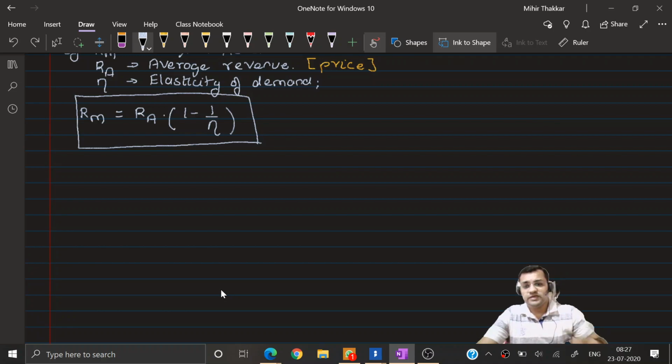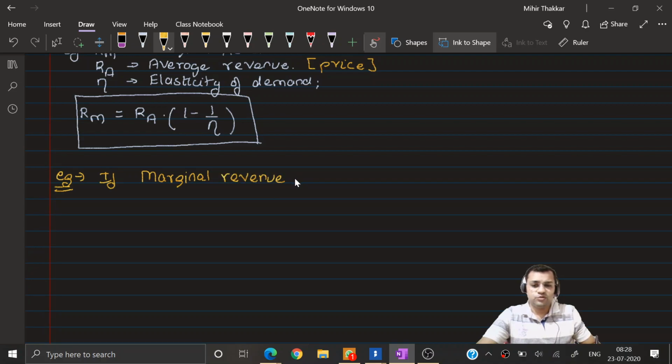Suppose I consider a very easy question. Suppose marginal revenue is given to be, let us say, 25, and elasticity is, let us say, 4.